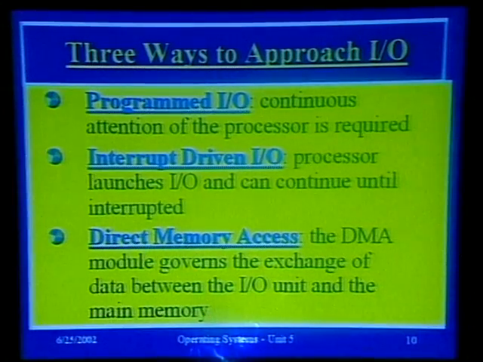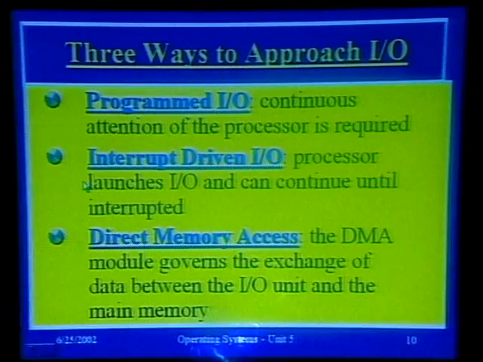As I mentioned, there are three ways we can approach the I/O systems. The first one is programmed I/O, which provides continuous attention to the processor if our I/O is primarily program driven. Or we can have interrupt driven I/O.